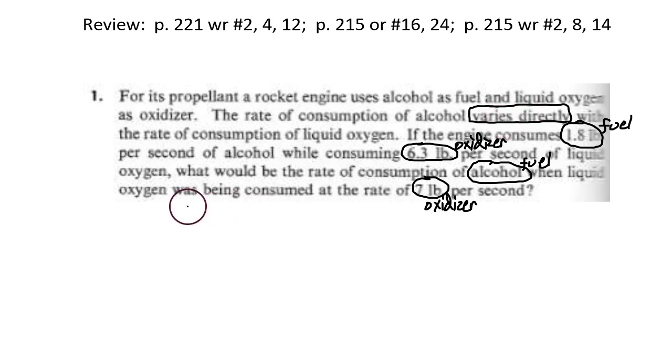I'm going to set my proportion up by putting fuel on top of the ratio and oxidizer on the bottom. You could do it the other way if you want to. Here we go. 1.8 pounds of fuel is associated with 6.3 pounds of oxidizer. X pounds of fuel is associated with 7 pounds of oxidizer.